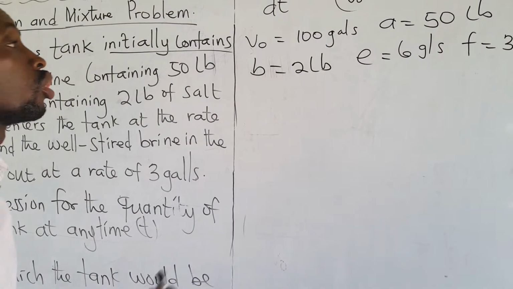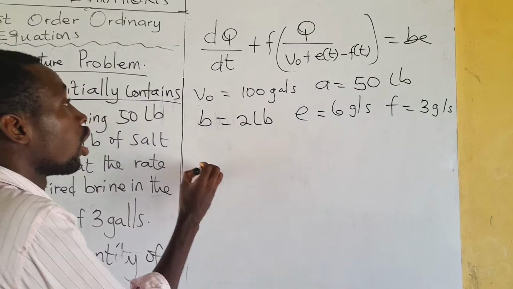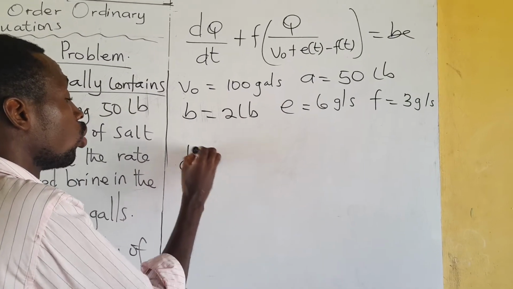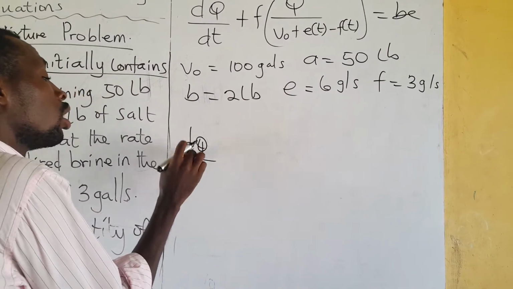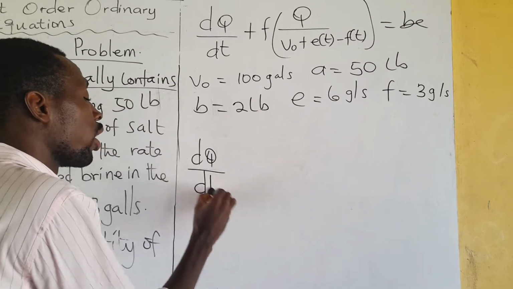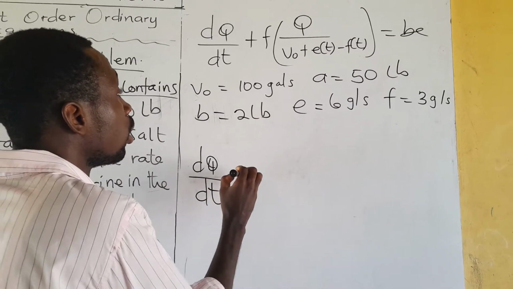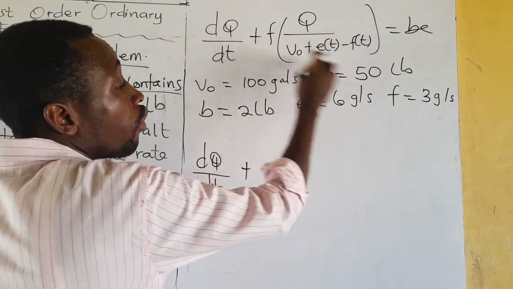Then we substitute. So we say our Q naught, our quantity of salt at any point in time t, plus what's our F? Our F is 3.